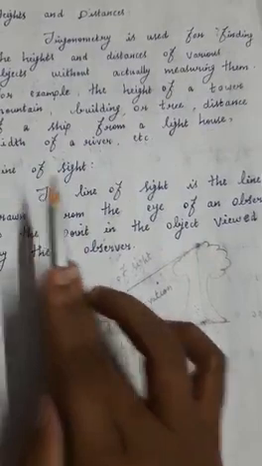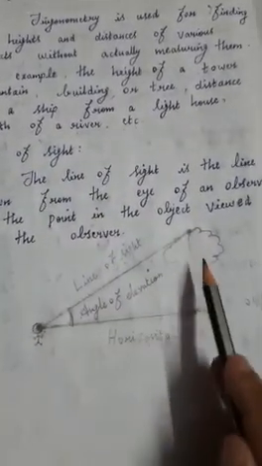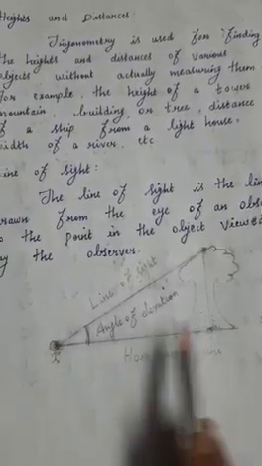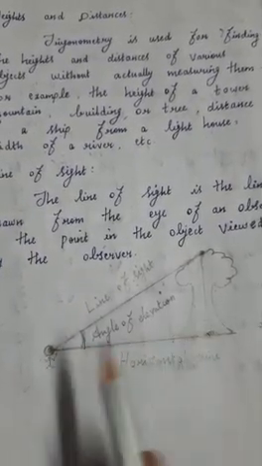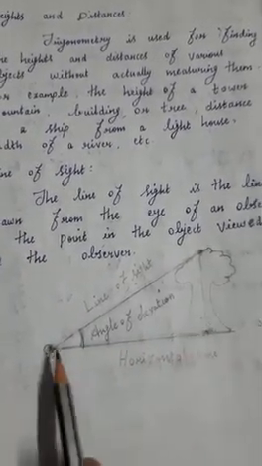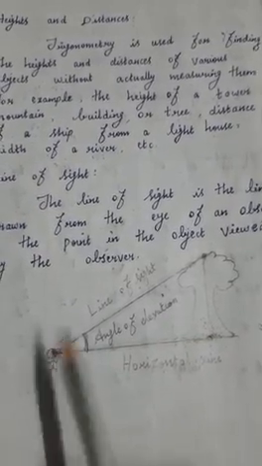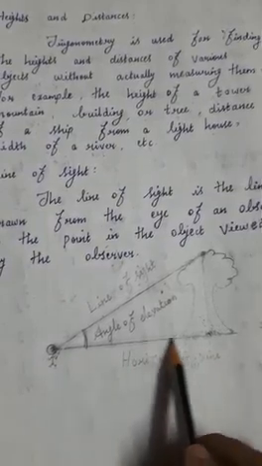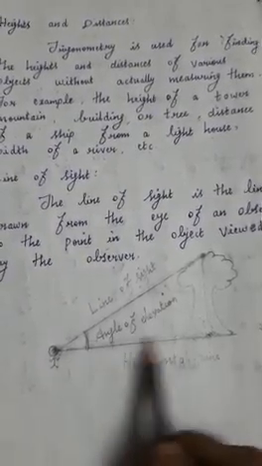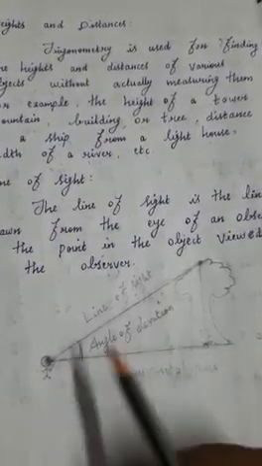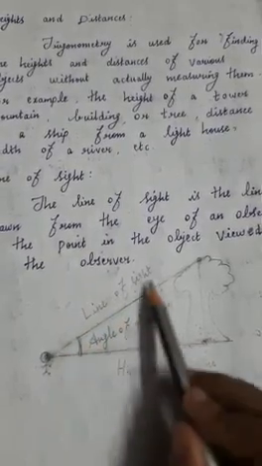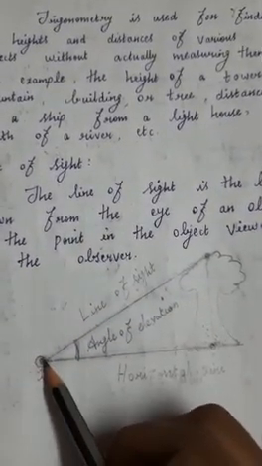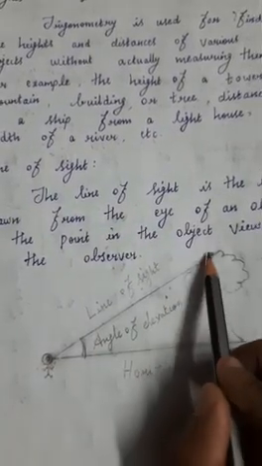Here we have one tree, and one person is standing some distance away from this tree. Looking straight means the line drawn from the eye of the observer to the point where he is looking is the horizontal line. If the person is looking at the top of the tree, draw the line of sight from the eye of the observer to the top of the tree.